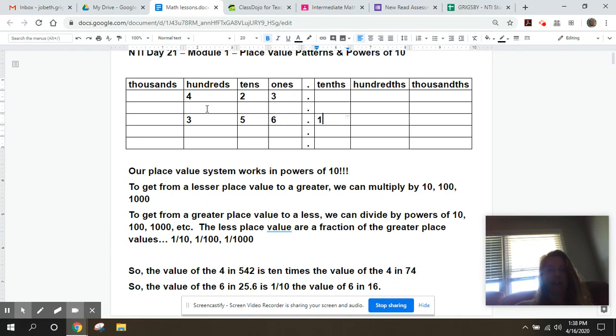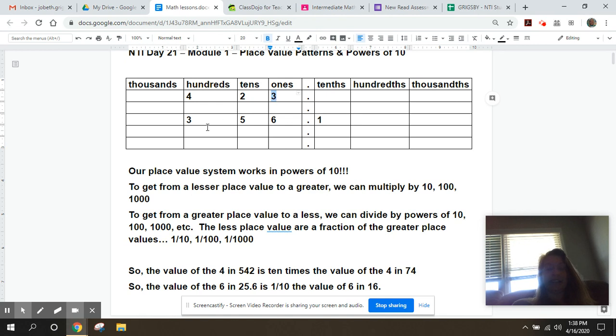This 3 in the ones place is 2 powers of 10 away from this 3. Two powers of 10 would be 100. 10 times 10 is 100. So this 3 in the hundreds place is in a greater place value than this 3, so it would be 100 times the value of this 3. If we were talking about this 3 right here, it would be a fraction of this 3 in the hundreds.